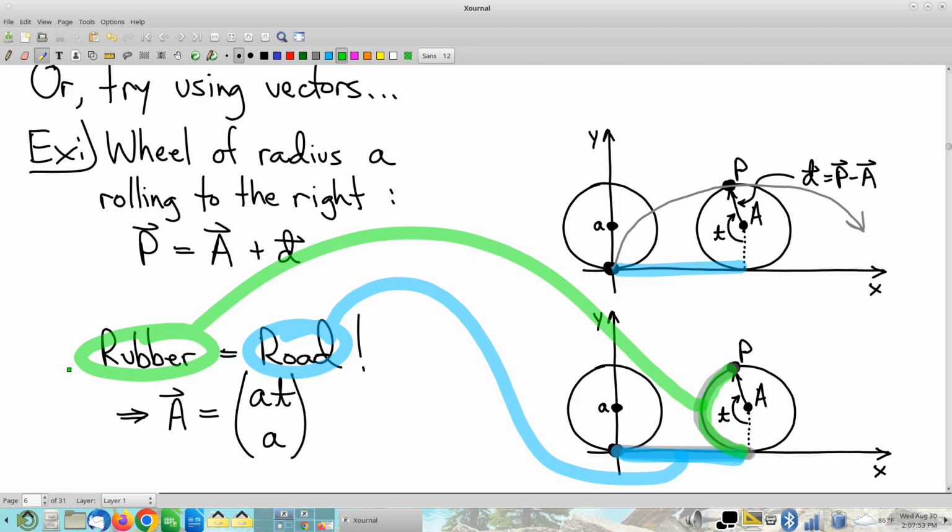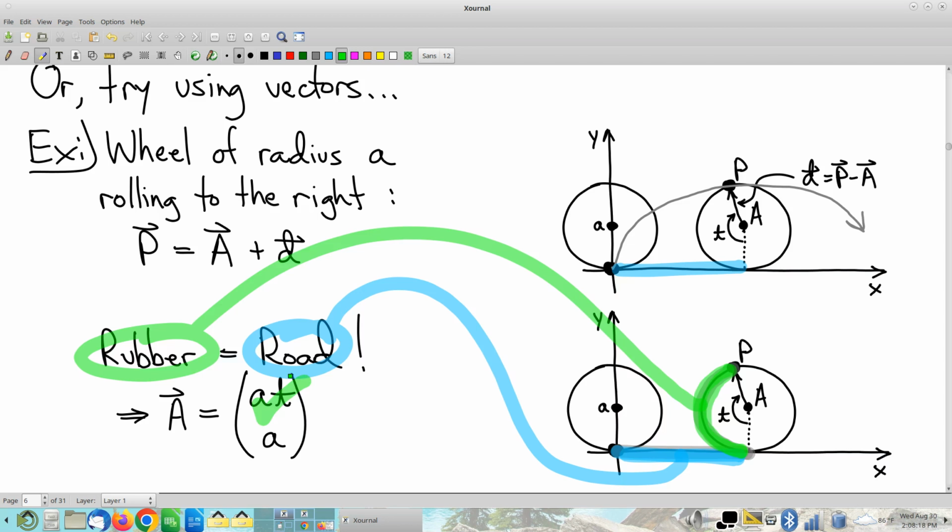Okay. All right, well, good deal. Well, this green is actually pretty easy to compute. That green distance is an arc of a circle. And high school geometry gives us a formula for the length of an arc of a circle. And it's this formula right here. It's radius times angle. The radius is A, the angle is t.